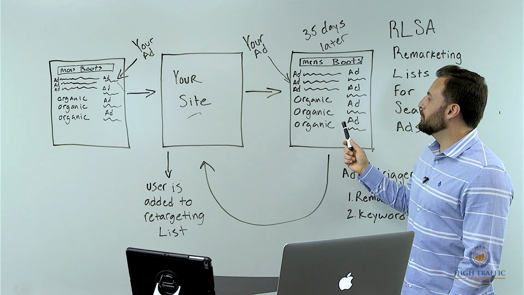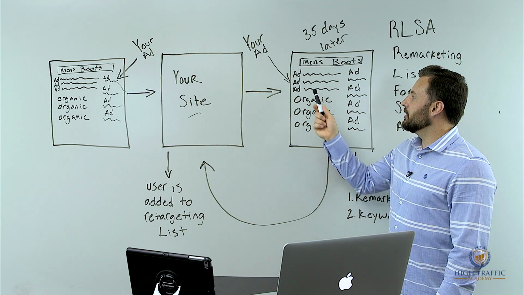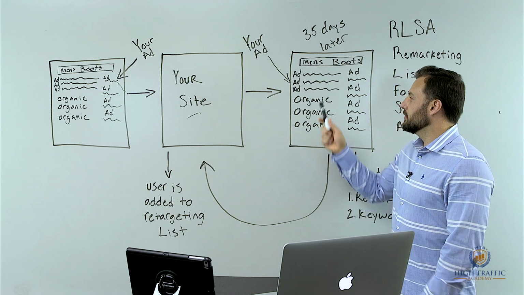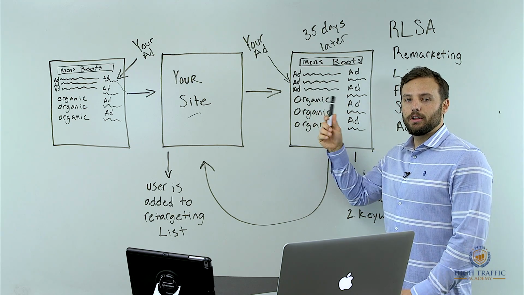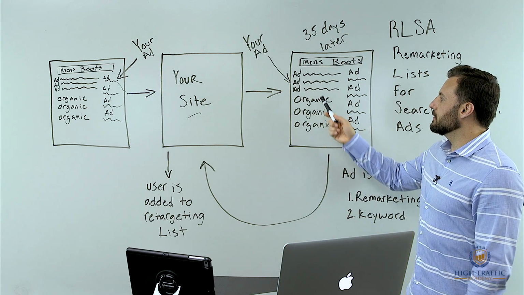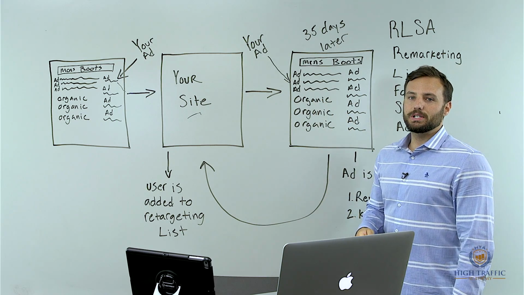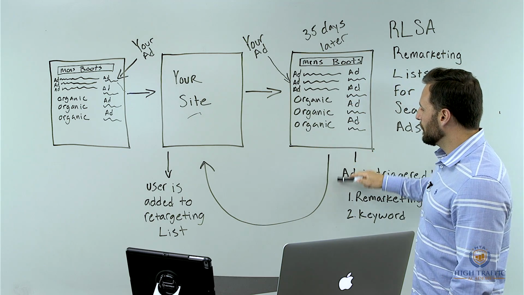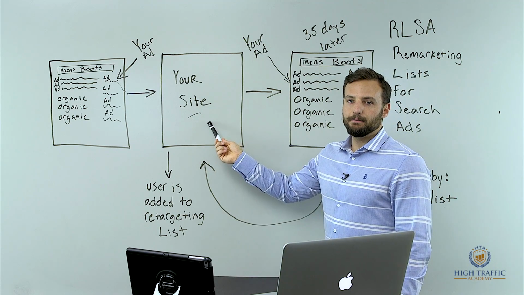You can increase your bid so you rank higher, and you can adjust your ad copy because they now have brand recognition. They may or may not, but in theory they would recognize your domain name and that they've been to your site before, and you could offer them 10% off of the men's boots that they're searching for. And they click on your ad, and now they're coming back to your site.